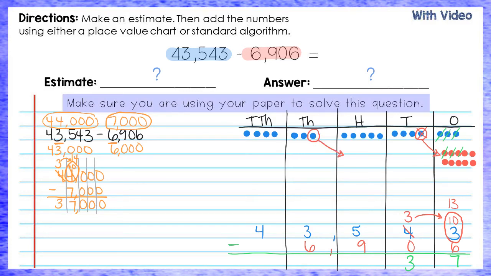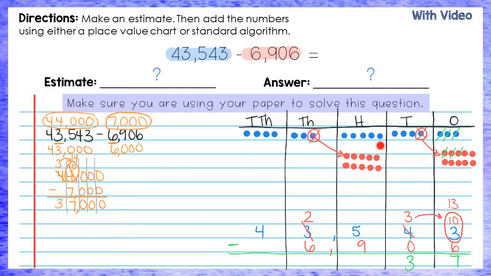1,000 is the same as 10 hundreds. Let's count them. 100, 200, 300, 400, 500, 600, 700, 800, 900, 1,000. 1,000 is the same as 10 hundreds. So now instead of 3,000s, we only have 2,000s.